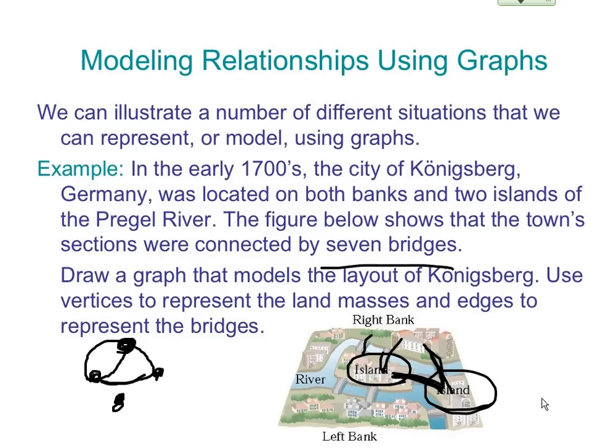We've got 2 bridges going from the left bank, this is our left bank, so 2 bridges, and we have 1 bridge going from the left bank to the other island. So this would be 1 graph that represents the layout of Königsberg.